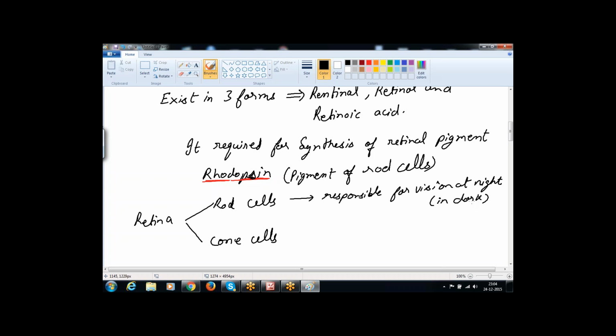But the kind of darkness we have at night, there is moonlight, we have stars, a little bit of light. So a little bit of vision is there. So that is rod cells functioning at that time. And when it is bright light, cone cells function at that time. So this is responsible for vision during day.